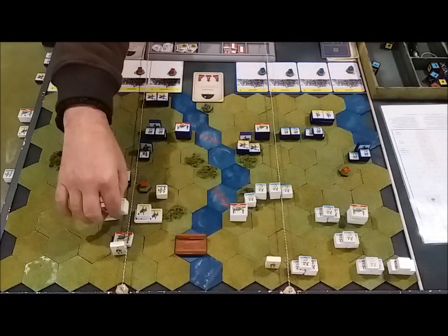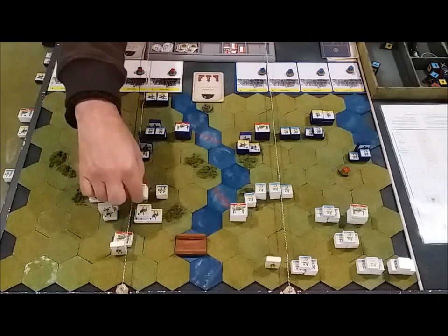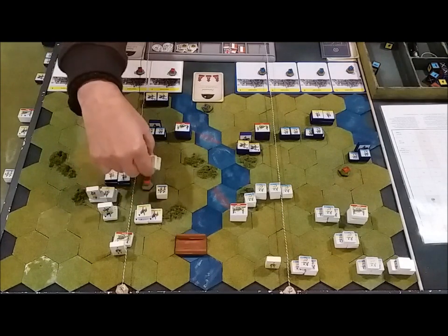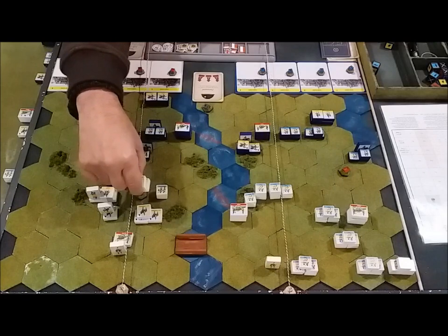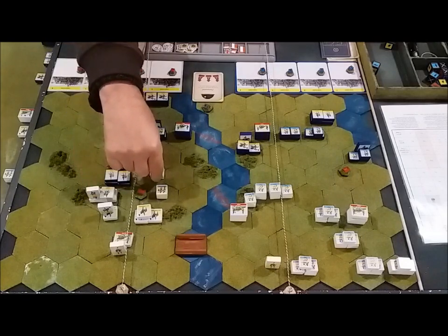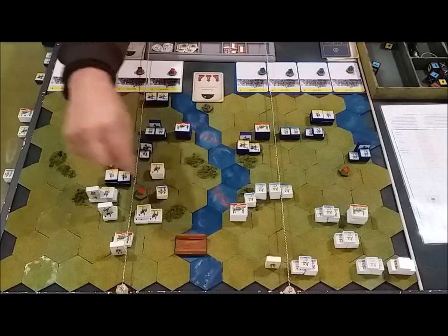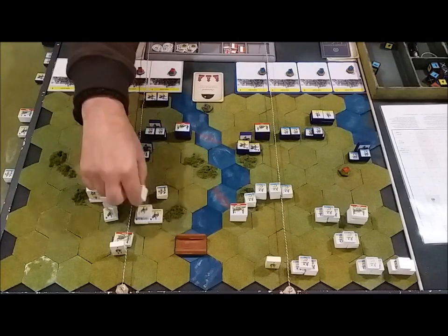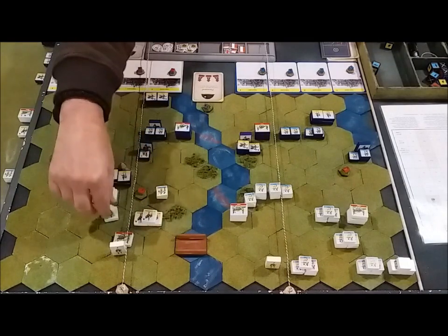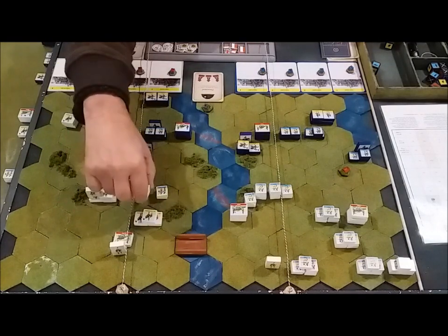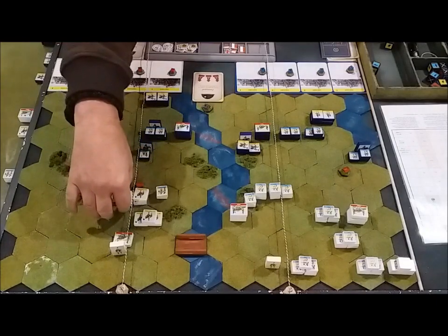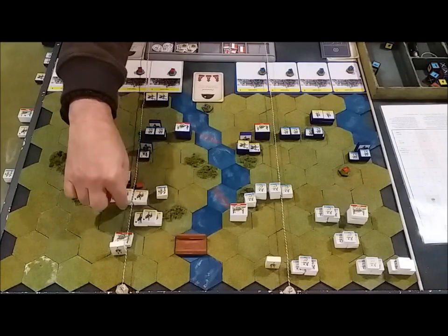And then the cuirassiers can move 1. And they can move 1 more. And they'll come up to here. No, they can't. They've gone into a town. You can't advance past the town. So we have them into here. They've kicked the light infantry out, which was worthwhile anyway.